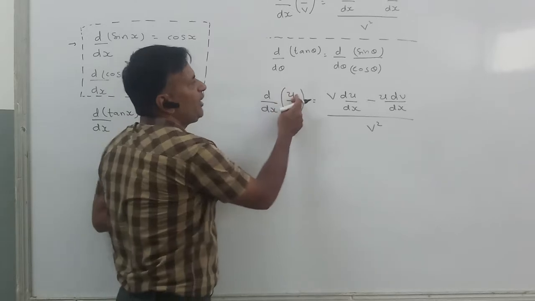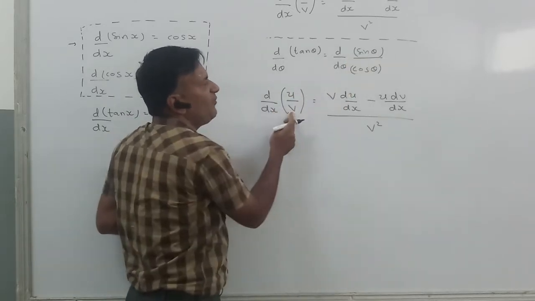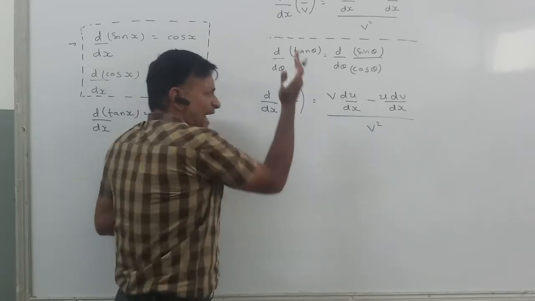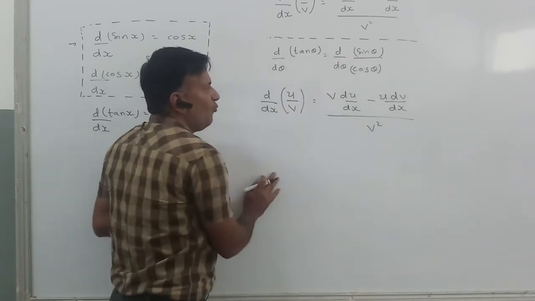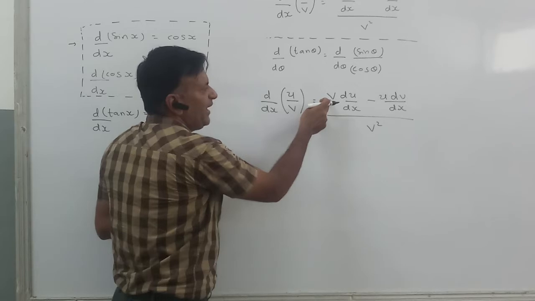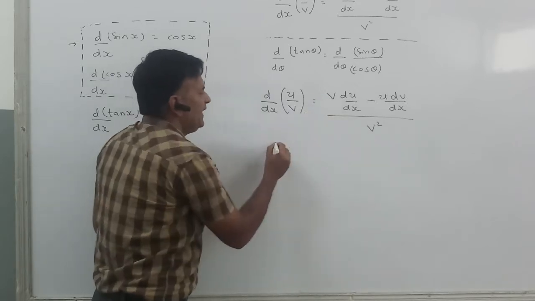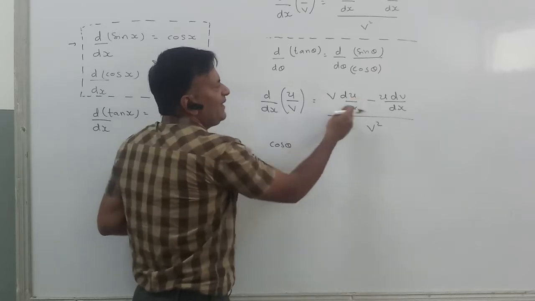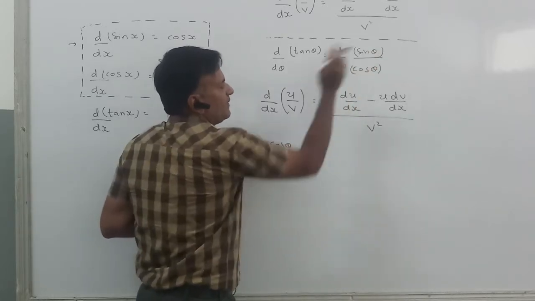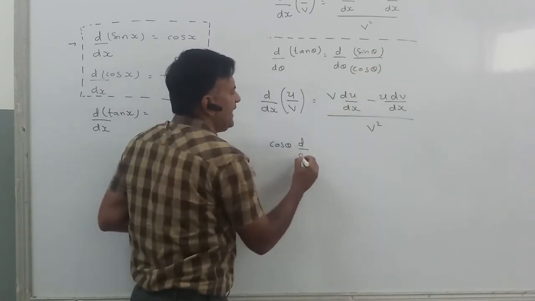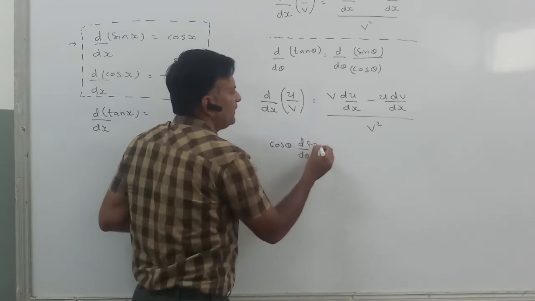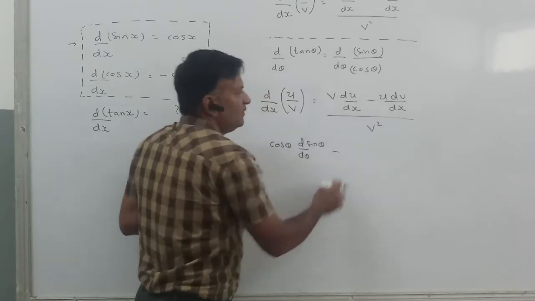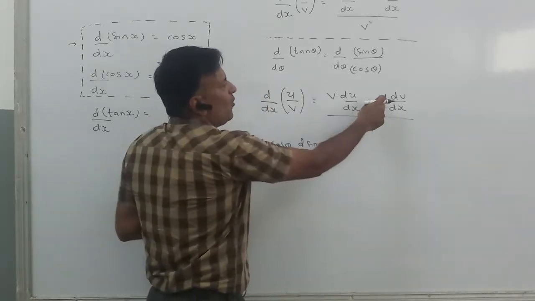See, instead of u what do you have? Sin theta. Instead of v what do you have? Cos theta. Okay, so applying this rule, what you get is this. First write down v as it is, that is, we write down cos theta as it is, and we take the differentiation of this. That means we are going to take the differentiation of sin theta, putting a negative sign, now writing u as it is.